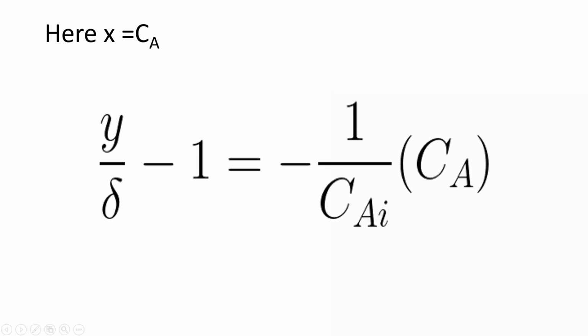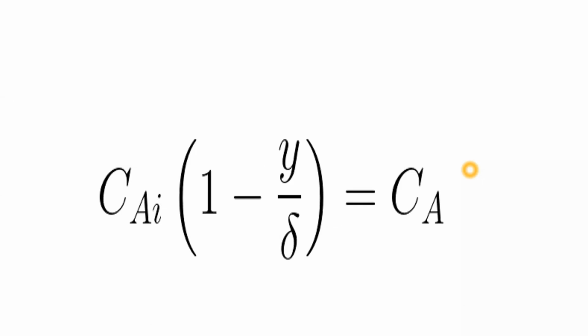Y upon delta minus 1 is equal to minus 1 upon Ci into Ca, right? So next we will get the concentration profile as Ci into (1 minus y upon delta) is equal to Ca. You can check whether it is right or wrong. If y is equal to 0, then 0 upon delta is 0, 1 minus 0 is 1, so Ca will be Ci.